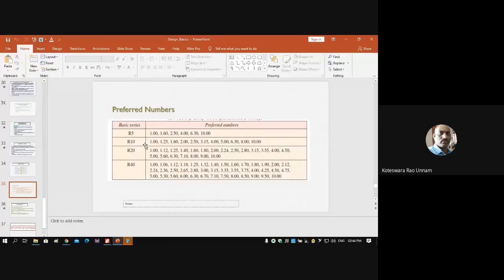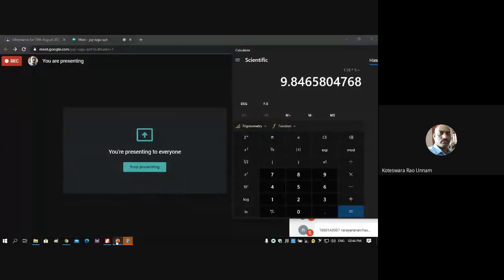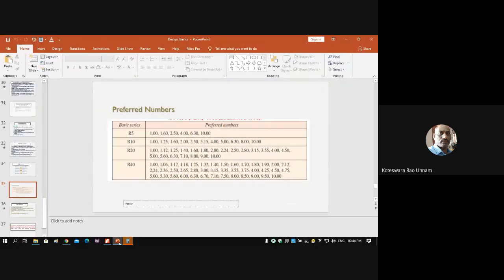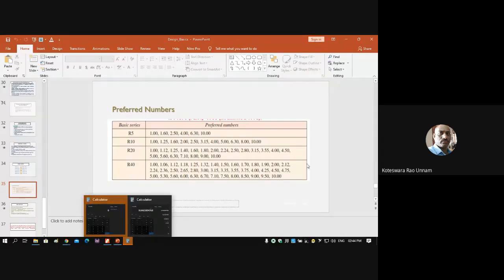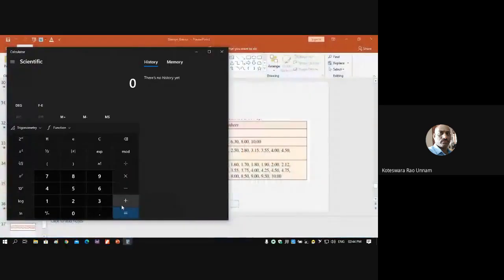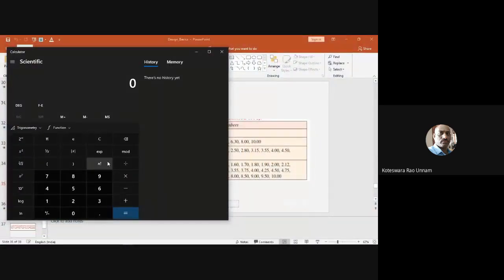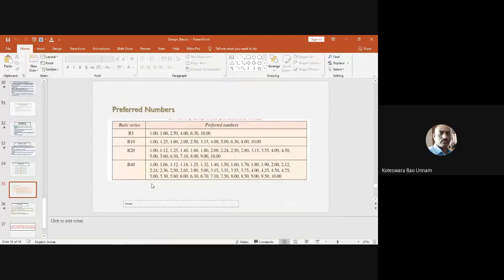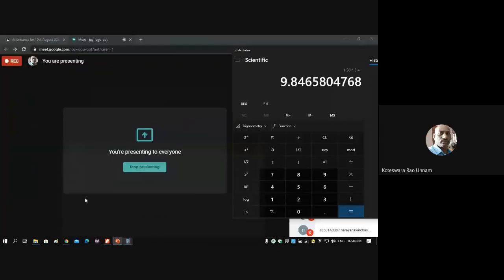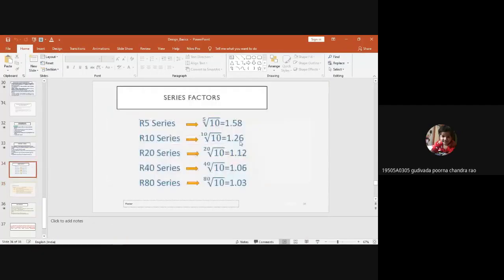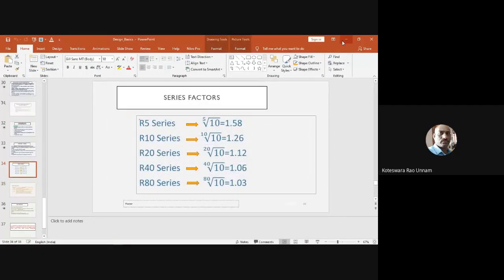Similarly, if you want to construct the R10, first the series factor for R10 is the 10th root of 10. So what is the 10th root of 10? 1.26.